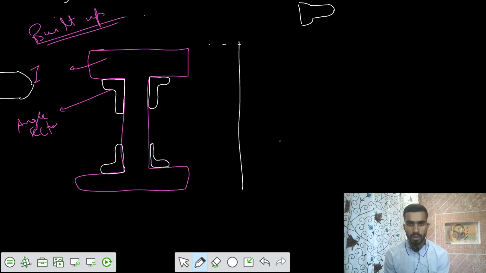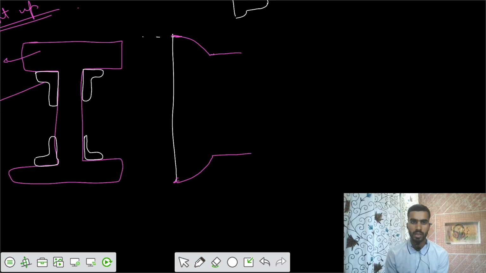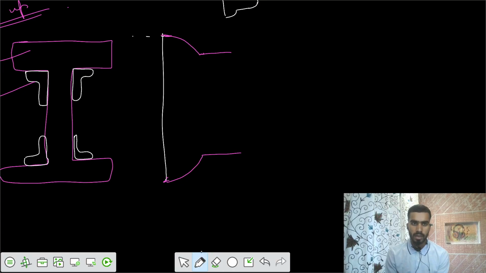So let's draw that variation. Here the shear stress is 0. Then it goes to some value. Since your thickness is decreasing, your shear stress would increase. After that, as you reach this point, the shear stress goes in some parabolic variation.